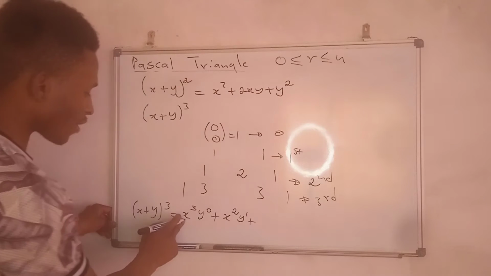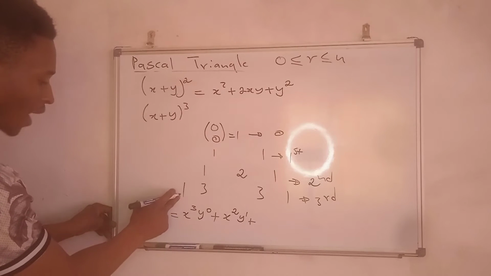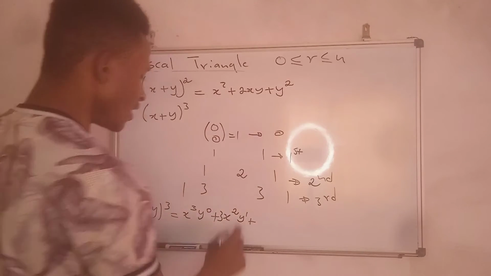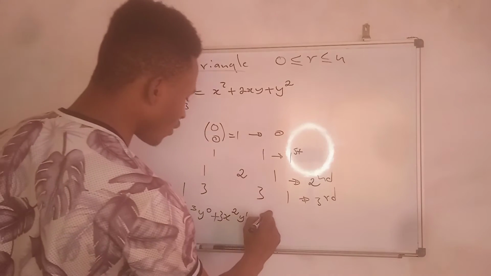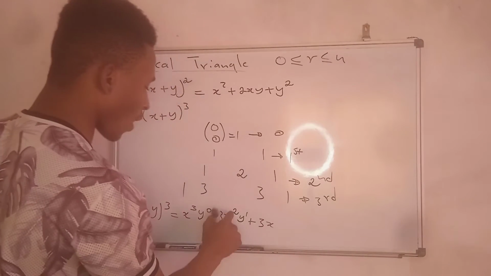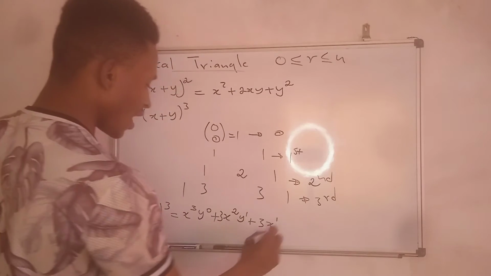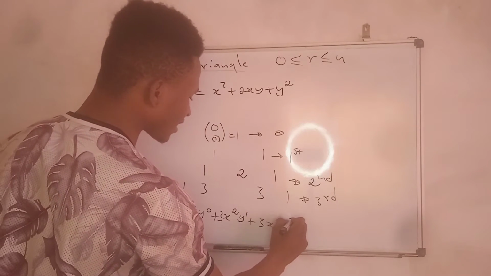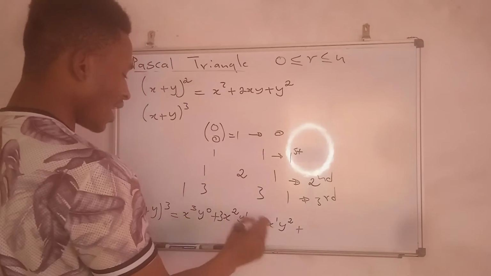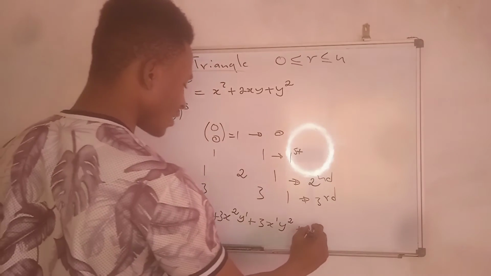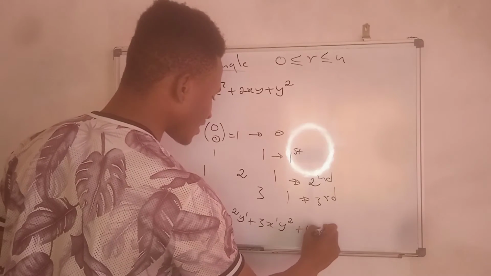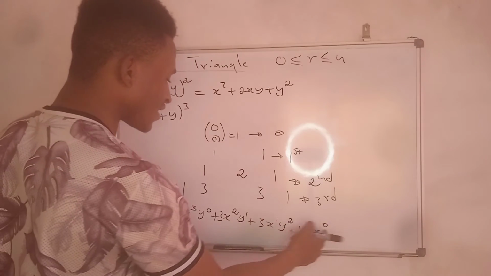But what is the coefficient of this? The coefficient of this is 1. But what is the coefficient of this? The coefficient of this is 3. So we're having another coefficient here, which is 3. But like I said, x decreases by 1, and then y is increasing by power of 1. So my last coefficient will be this one. It will just be 1 times x to the power 0, because 1 minus 1 is 0.